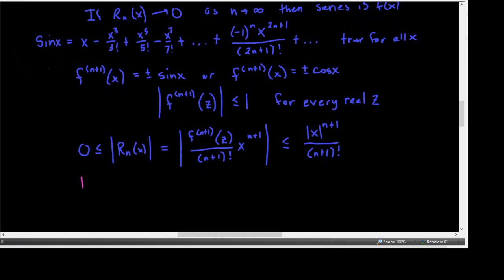So if we were to take the limit as n approaches infinity of that expression we ended up with, remember that x for that limit is a constant. And this limit is going to approach 0 because we know n plus 1 factorial grows way faster than an exponential does.